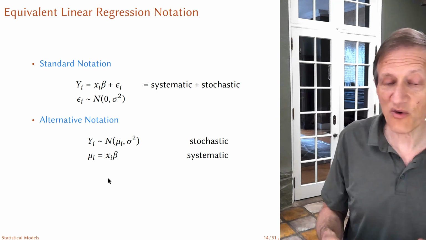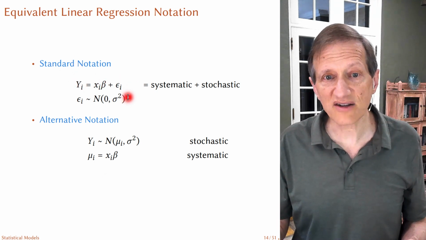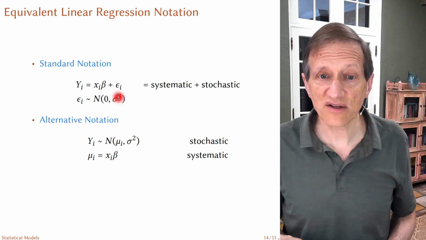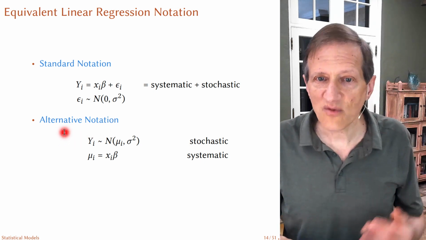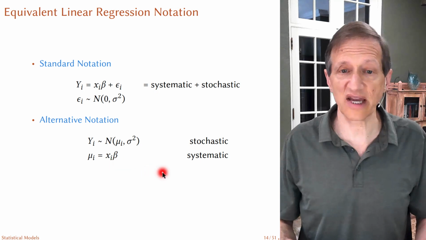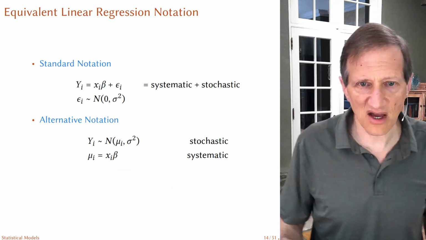So all we've done here is here we have the systematic component plus the stochastic component, and the second equation identifies what the stochastic component is. And in the alternative notation, we have the stochastic component as the first line, and the systematic component is the second line. Okay, one isn't more important than the other.